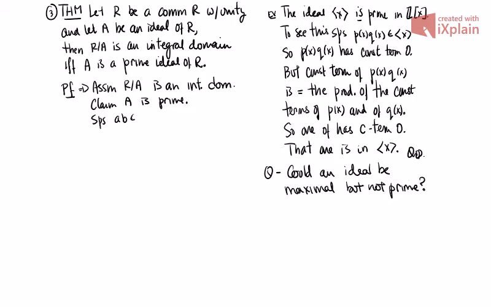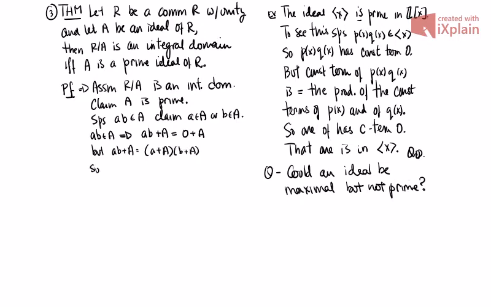Suppose that ab is in A. We claim a is in A or b is in A. Well, ab being in A implies that the coset ab plus A is the coset 0 plus A. But ab plus A is a plus A times b plus A. So this tells us that a plus A times b plus A is 0 plus A.